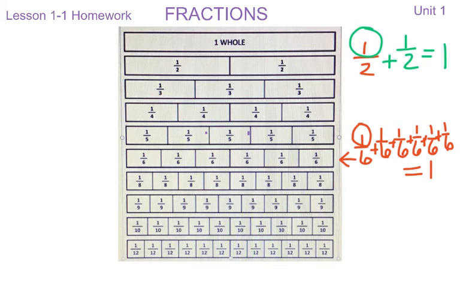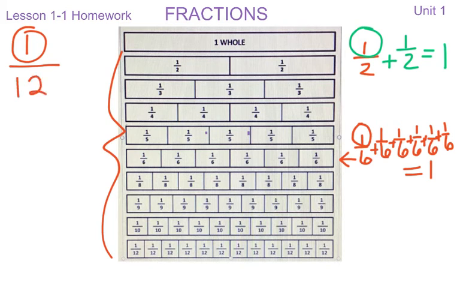So unit fractions have a 1 in the numerator, and the denominator varies. We can see we have many different denominators here to choose from, and you can choose any of them. And if we had 1/12 unit fractions to create a whole, you'd have to add 1/12 twelve times.